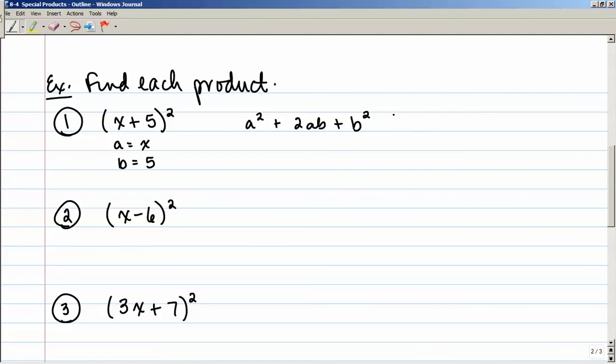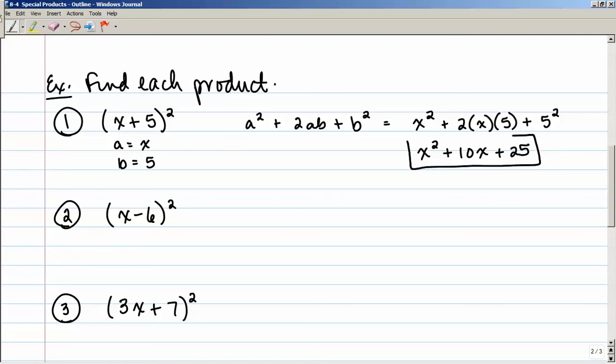So a squared is x squared plus 2 times a times b plus b squared, or 5 squared. Cleaning that up a little bit, I'm going to end up with x squared plus 10x plus 25. And that's my final answer.